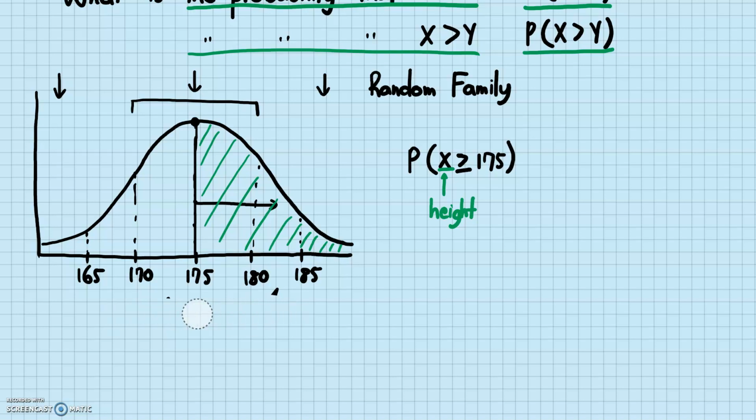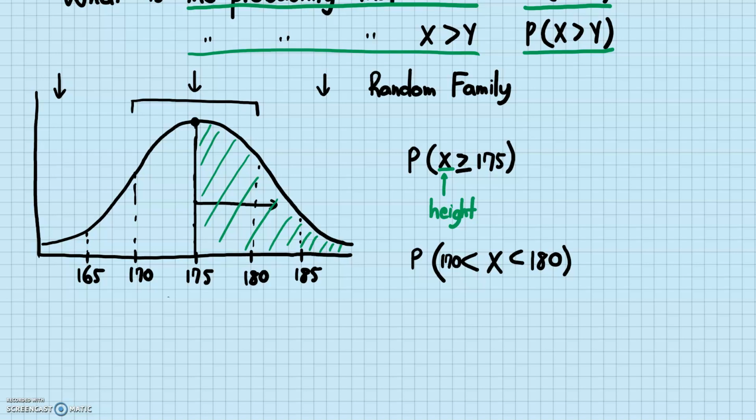And you can even do this with two inequalities. So let's say we want to find the probability that a man's height is less than 180, but greater than 170. How can we visualize the probability of this on the graph?